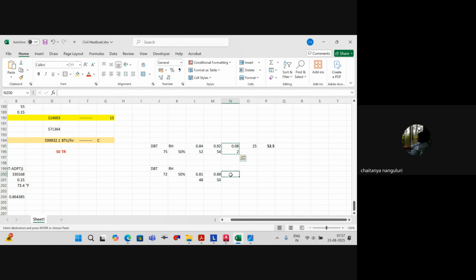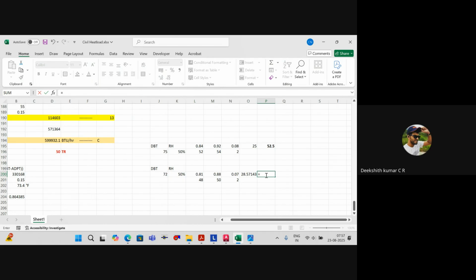I'll use the same thing over here. I can copy the formula, so automatically I got this value. What is the value I required? 0.86. 0.86 means I can write it as 0.81 plus 0.05.